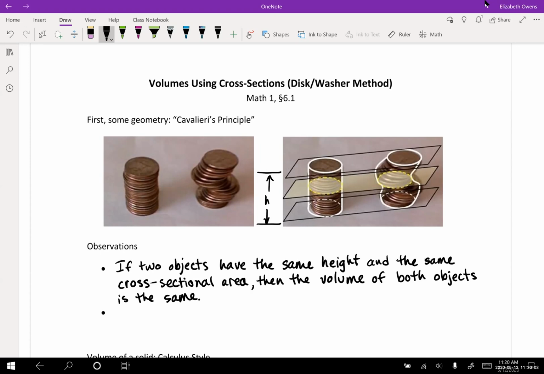Okay, so here what we're looking at, we're saying that there's the same number of pennies in both stacks. So same number of pennies because the stacks are the same height and it's made out of a uniform number of pennies. So the same number of pennies makes those two stacks. So same number of pennies means that we're going to have the same volume in both stacks.